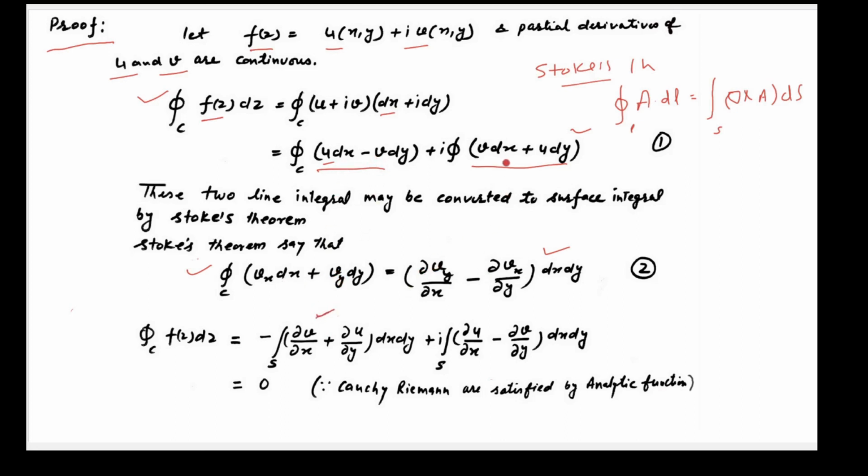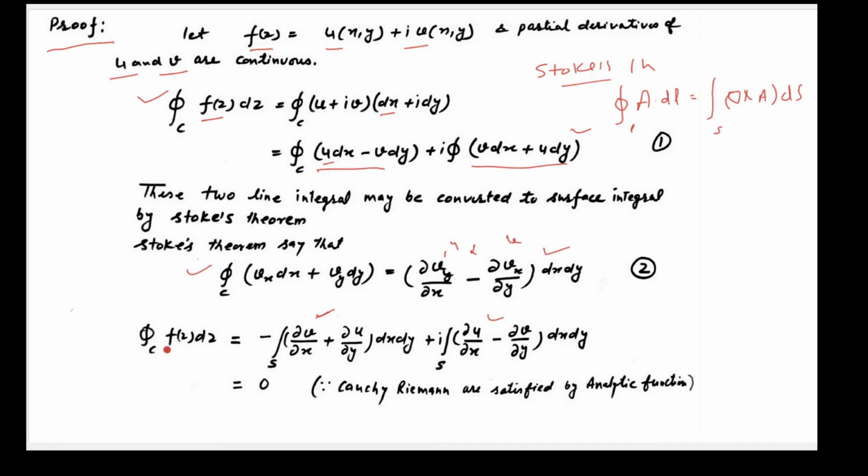Similarly for the second part, Vx is equal to v and Vy is equal to u. We substitute the values here, Vy equal to u and Vx equal to v. Here we will get this.